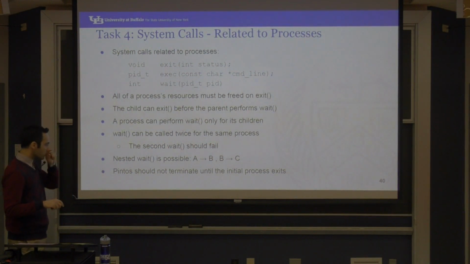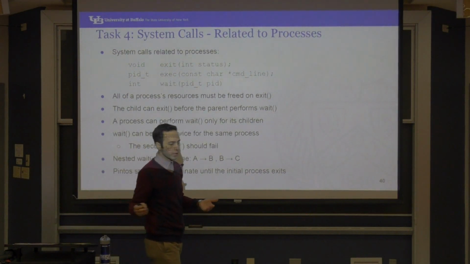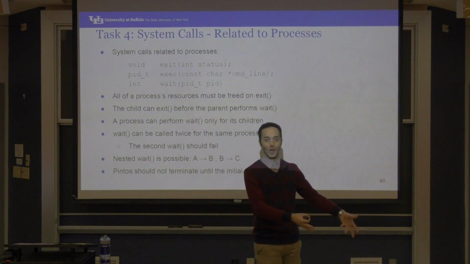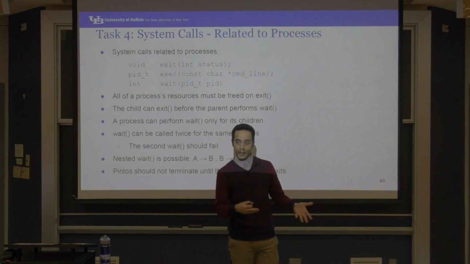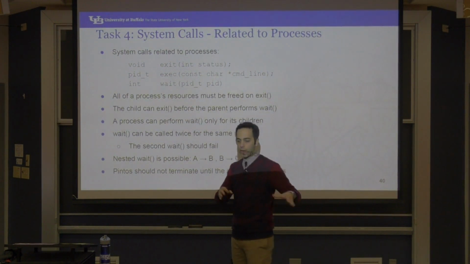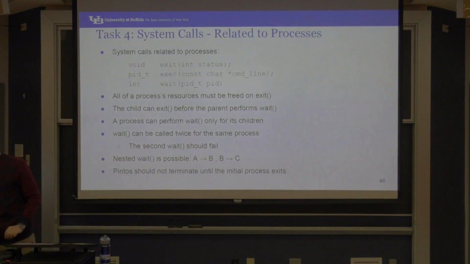All right. Also, wait can be nested. So this process waits for its child while it's blocking. The child process executes and then creates a grandchild and then waits for them. Now that process is waiting for this, and this process is waiting for that, and again each should have separate information saved in the kernel.